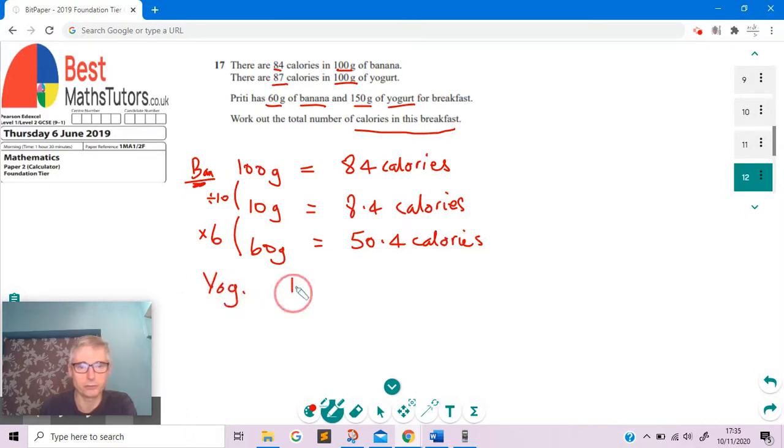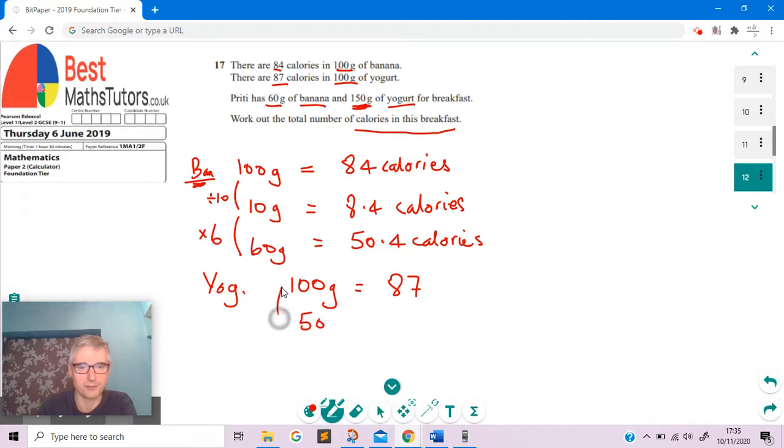And for the yogurt, we know that 100 grams of yogurt is going to be equal to 87 calories. And we want to find 150 grams of yogurt. So I might just find 50 first of all, because 50 goes into 150.